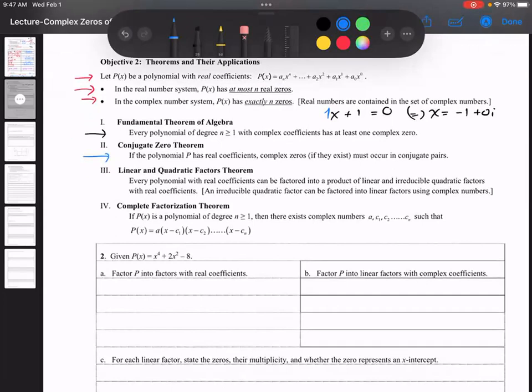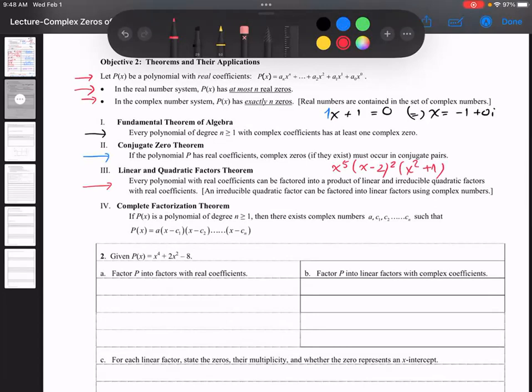And then the last one, you don't have to know it, but the last one: every polynomial with real coefficients can be factored into products of linear and irreducible quadratic factors. Like the example I showed you earlier, don't write this down. x to the 5th, x minus 2 squared, and then x squared plus 1.